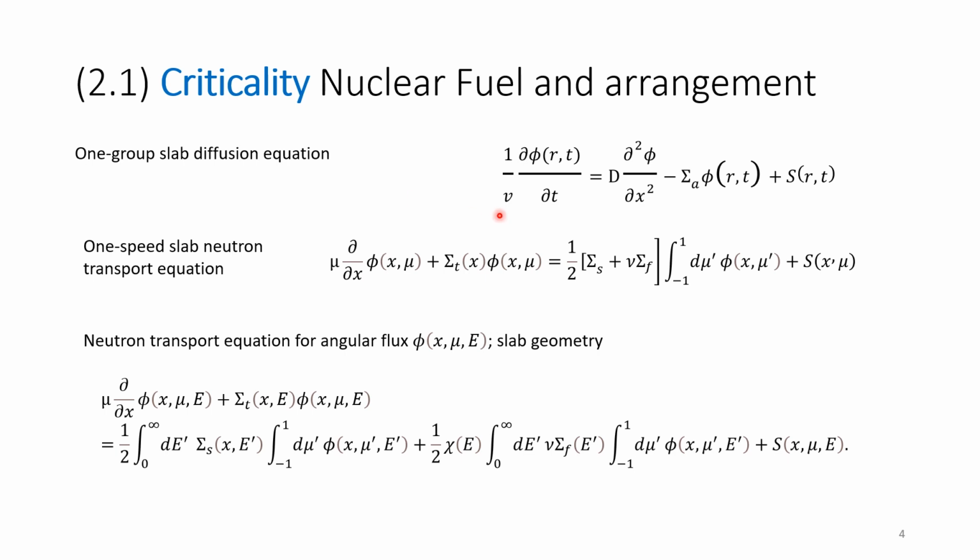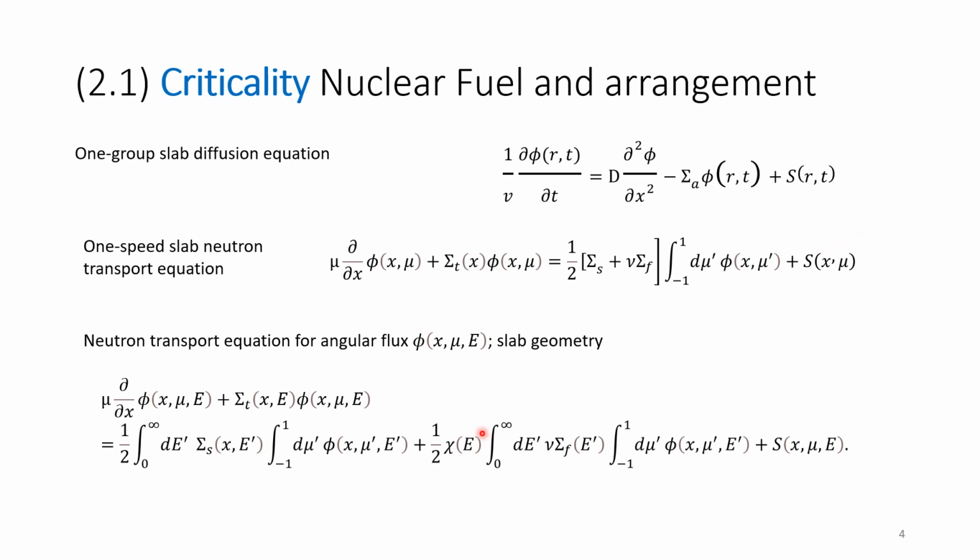So we begin. The easiest model that we are taught in university is the one group diffusion model in slab geometry, time dependent. And the next complexity comes in the one speed slab neutron transport equation, which is an integro-differential equation. Left-hand side outscattering, right-hand side inscattering, and an extraneous source.